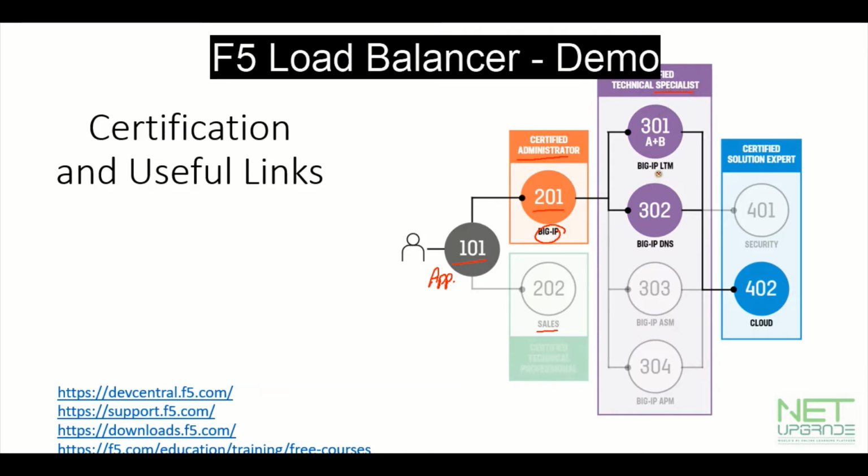Over there we can do LTM, GTM, ASM or APM certification. As of now in the market, LTM and GTM for a data engineer are very recommended, very demanding courses. So do these two certifications at least. Once you've done it, you are eligible for the expert level certification, which is 401 or 402.